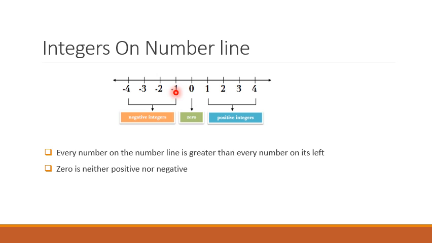So I can say minus 1 is greater than minus 2. So every number on the number line is greater than every number on its left. Here you can see 4. It is the greatest. It is greater than all other integers shown on this number line.